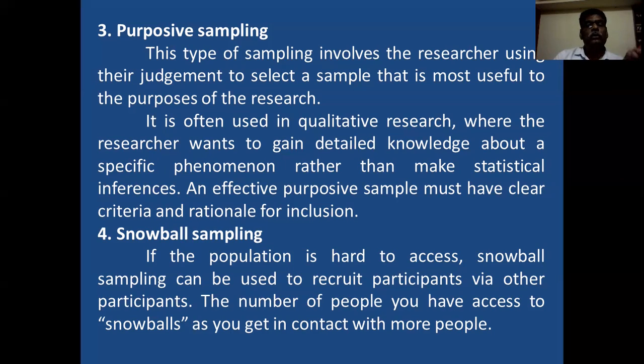If you know any one or two members who are not having homes, those people will give you a lot of information regarding the people who are not having homes. Okay, this type of method we adopt, that is called snowball sampling. These are the types of non-probability sampling methods.